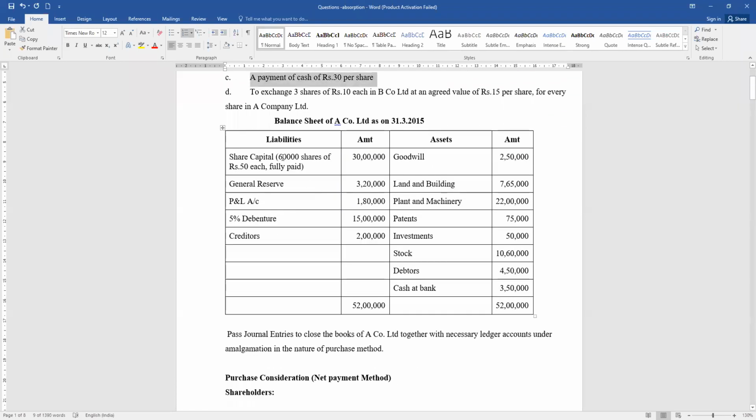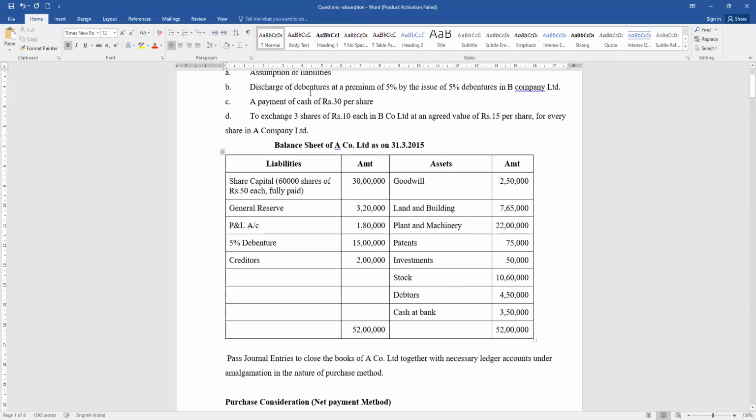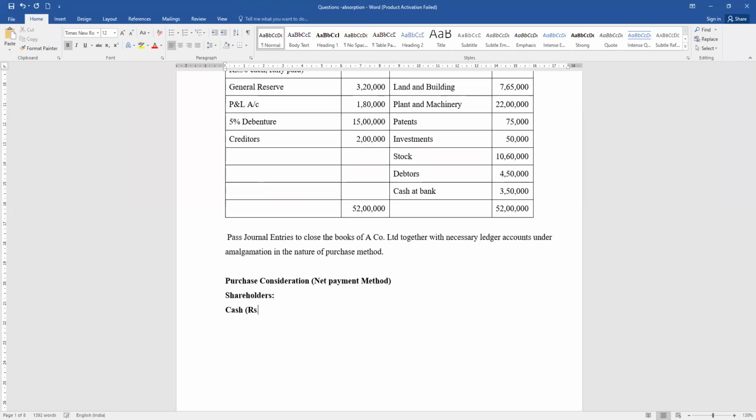So for that you should know how many shareholders are there in A Limited. There are 60,000 shareholders. So cash is how much? Cash equal to rupees 30 per share. So 60,000 shareholders into rupees 30.